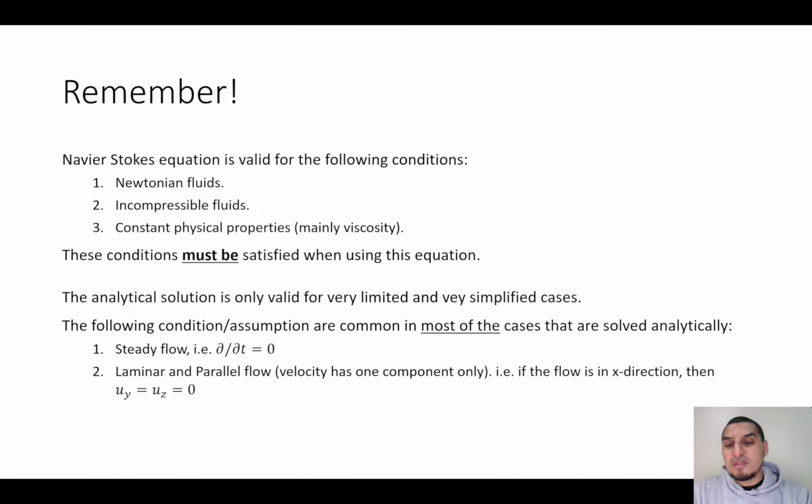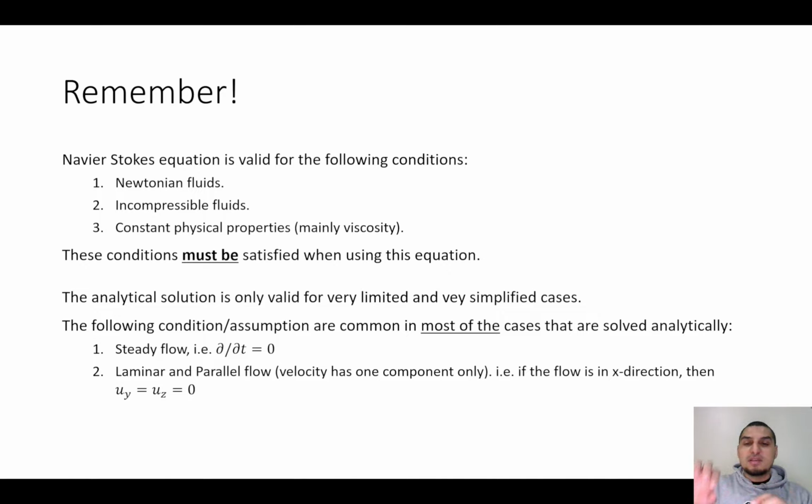When we say laminar flow, it means there are no eddies, so the flow is in one direction. And parallel flow means that all the streamlines of the flow are parallel to each other. So it means that all the fluid has only one direction. The velocity has only one component.